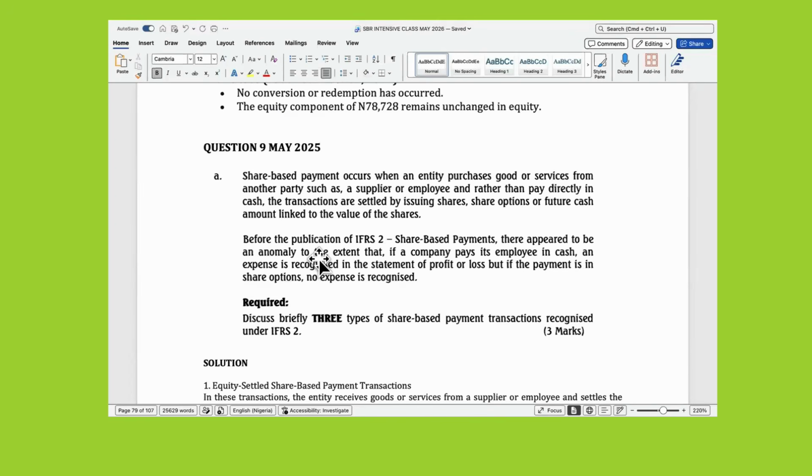And that's what IFRS 2 came to clarify. Because you are paying in shares doesn't mean there's no substance, or because you have not issued the shares now, that does not mean that the transaction does not exist now. It exists right from the date of the agreement.